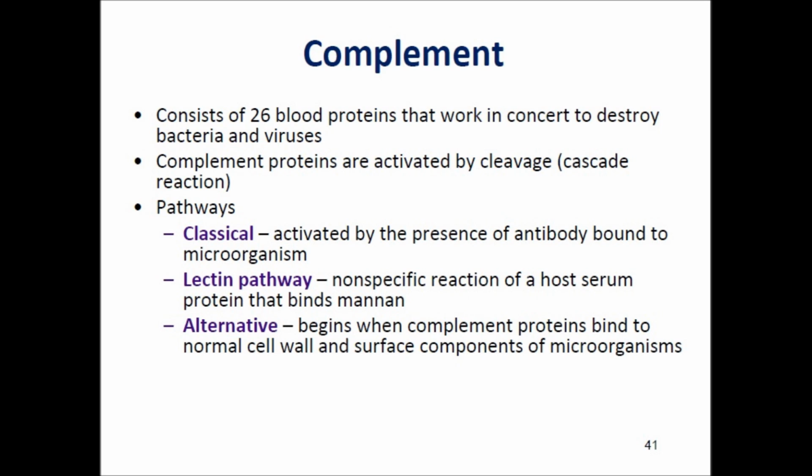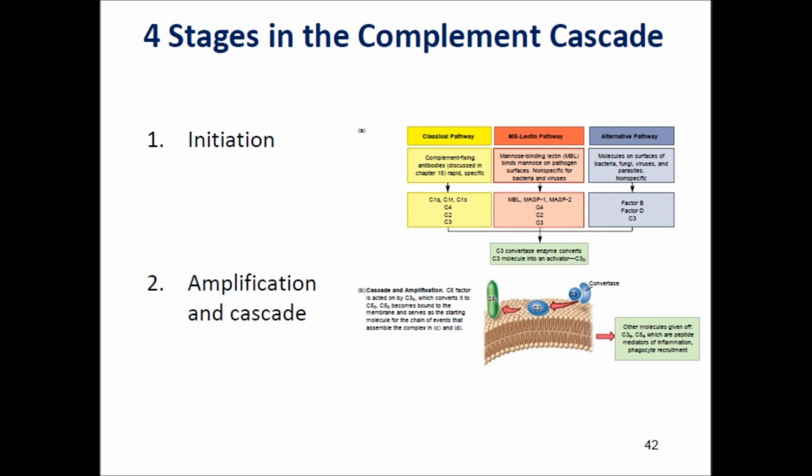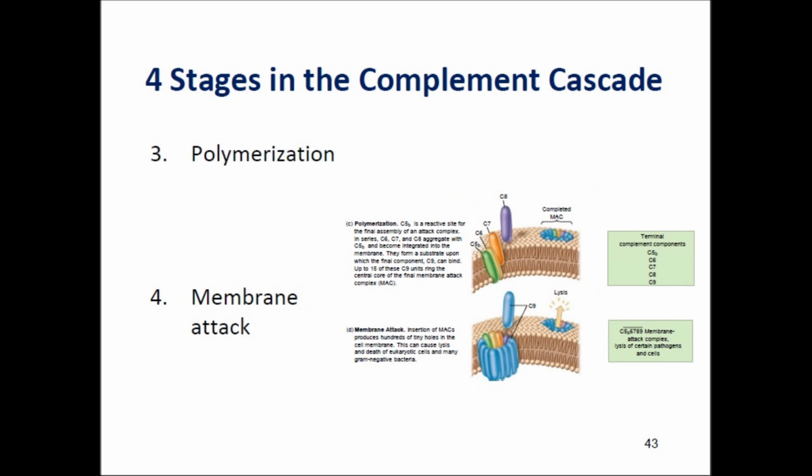In the membrane of microorganisms, they're able to make these holes and then destroy them that way because they eventually die. I'll get back to that because I know it's a little bit much, but the complement system is important later on.